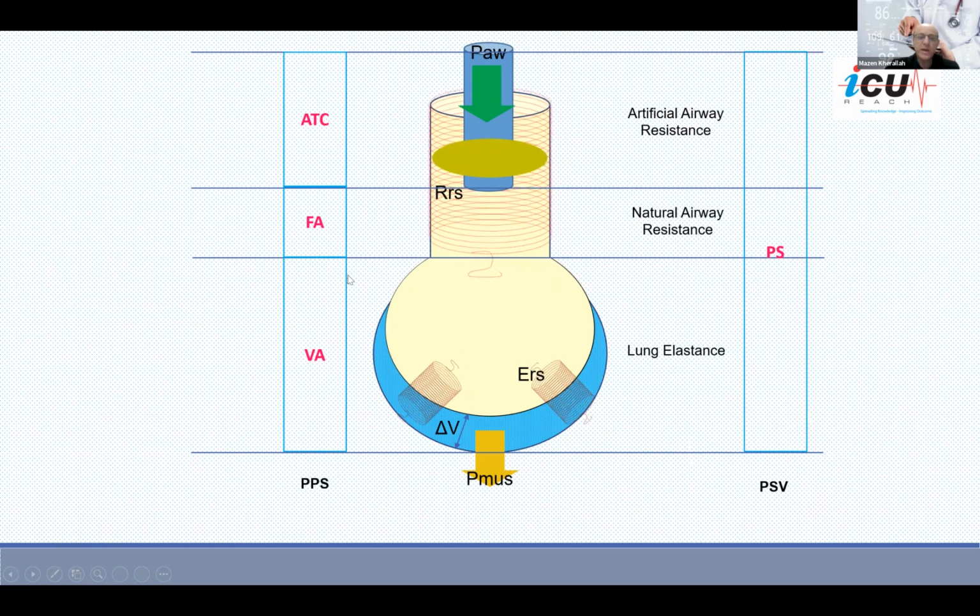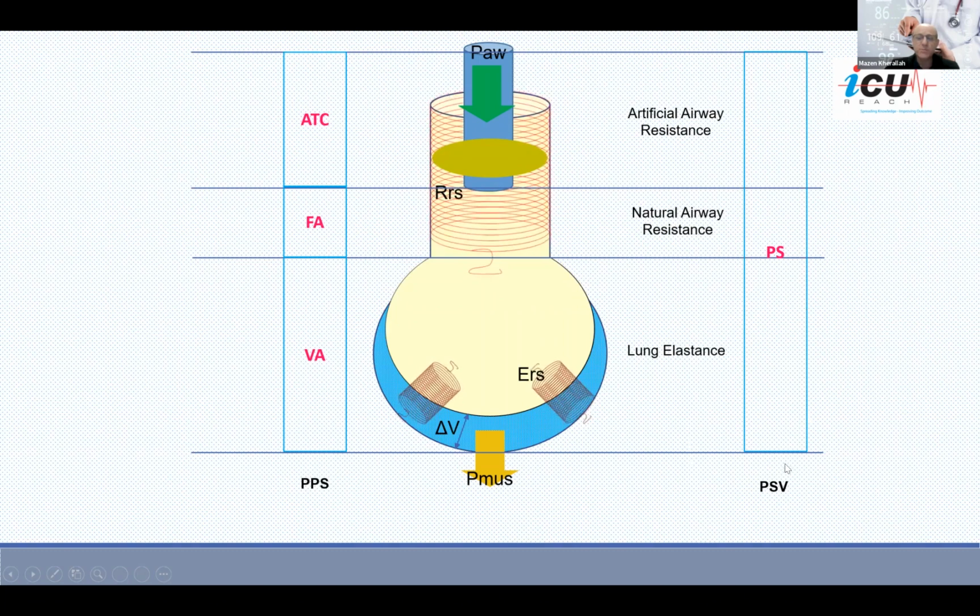And then we add another pressure that is dependent on the volume that the patient is generating. So you get the ATC, you get the pressure for the flow assist, and you get the pressure for the volume assist. This is PPS.